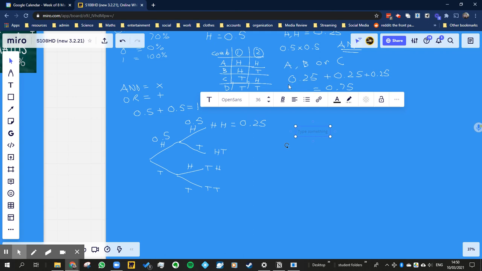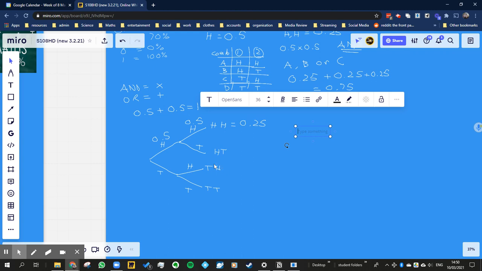Whereas if you know this shortcut, then you can see what's the probability of me getting 4 heads. Well, it's going to be 0.5 times 0.5 times 0.5 times 0.5, or because the probability is always the same, 0.5 to the power of 4.